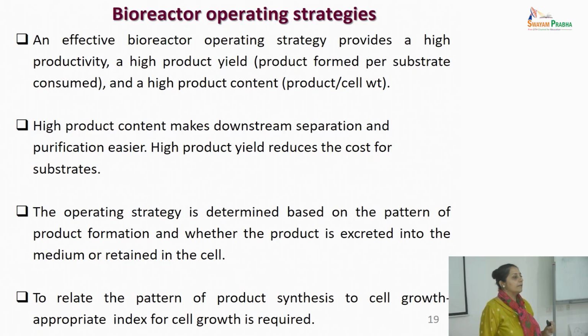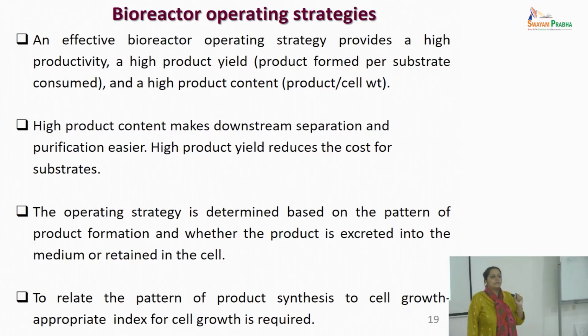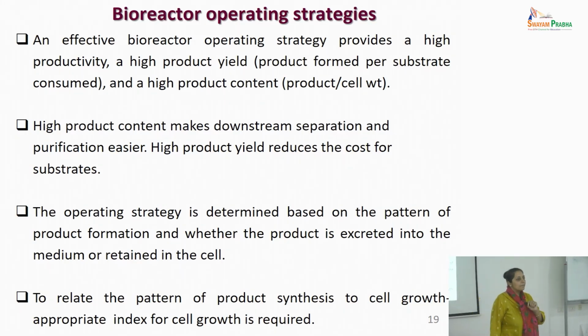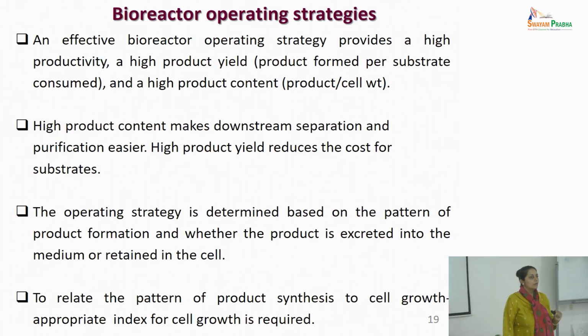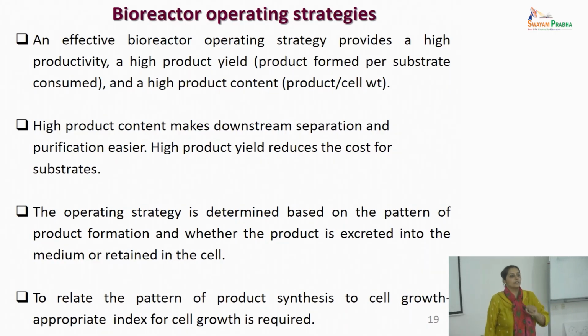Generally, in microbial fermentations, yield is with respect to substrate. Whether it is YX/S, the yield of biomass per unit substrate consumed, or product yield, the amount of product produced per unit substrate consumed.